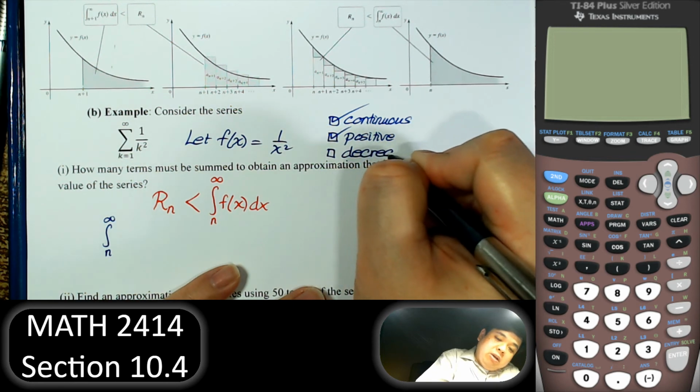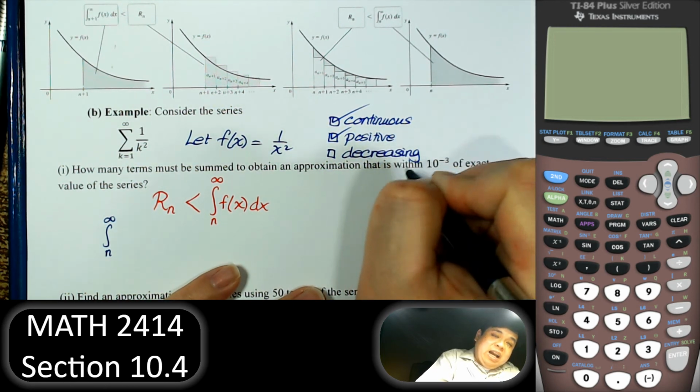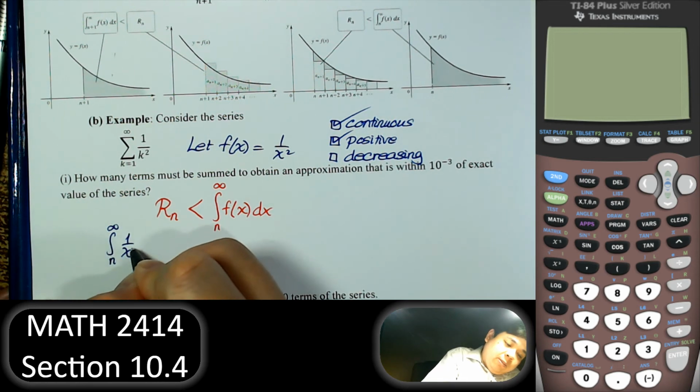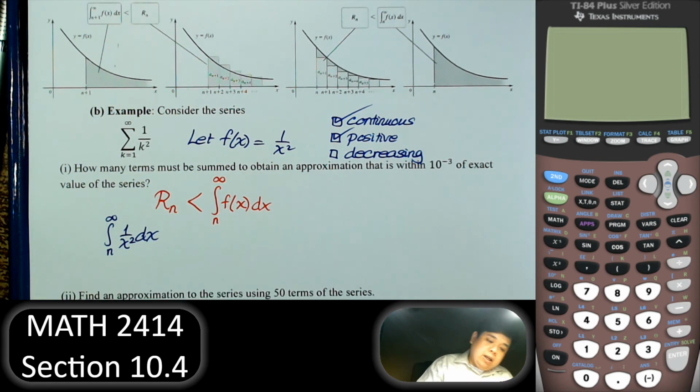It is decreasing because the denominator is getting bigger, the whole quotient is getting smaller. Because it's getting smaller, it is decreasing. So that makes sense. So we're going to do that.